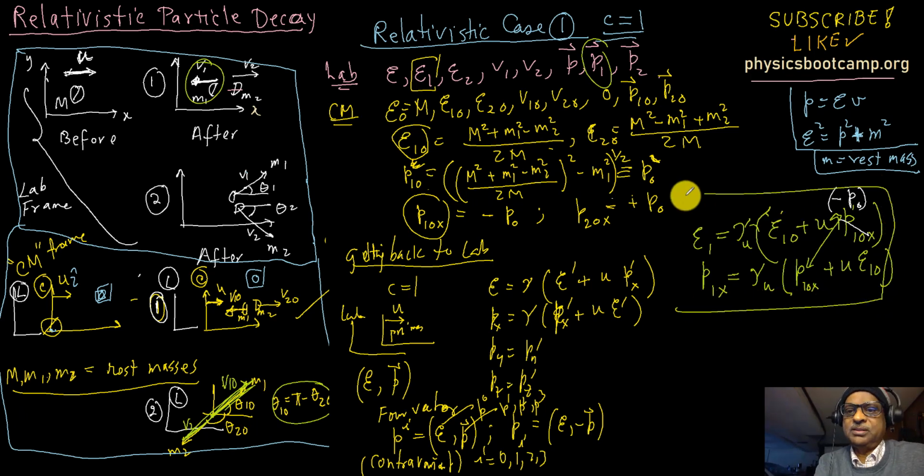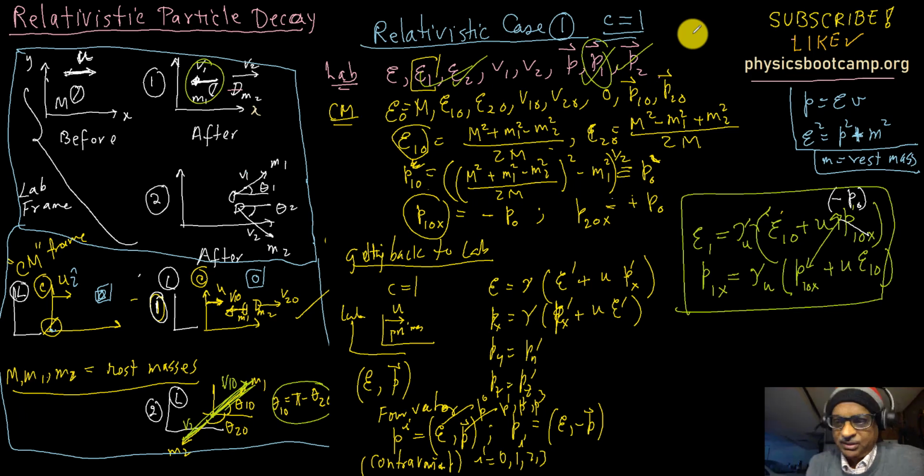So this is how I got it for particle 1, and I can get it for particle 2. Okay, so this one dimension is very simple, and actually 2 dimensions is not that much more complicated, except there are more variables to keep track of, right? So that's the one we do next.